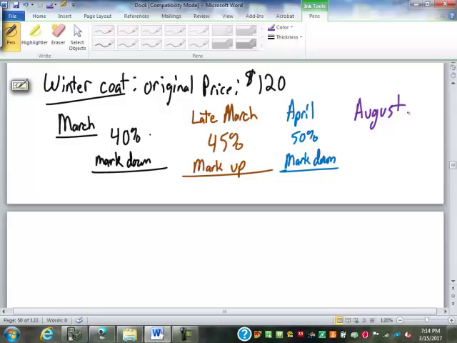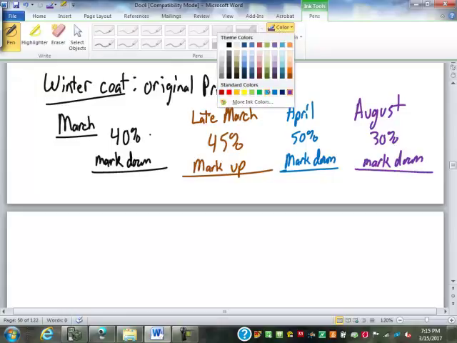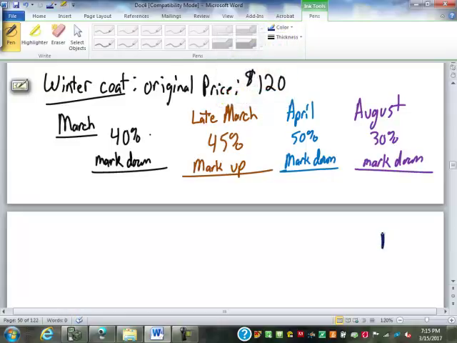Like I said, most stores come June would have some sort of alternative way of disposing of them. They'd have a secondary market they get rid of them on. But let's say August comes around and the new styles are coming out. So not only is this out of season, but the new style for the next winter is coming out. Looks nothing like this. This one's now considered ugly. So another 30% markdown. After all this, find the final price.